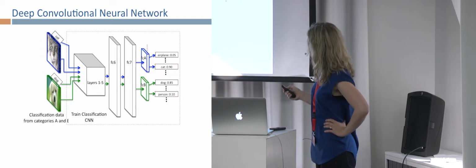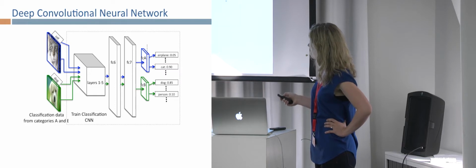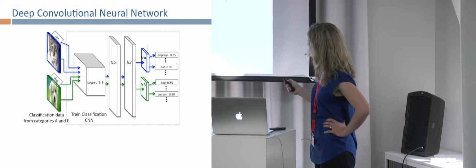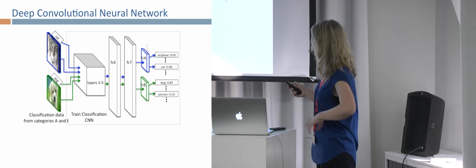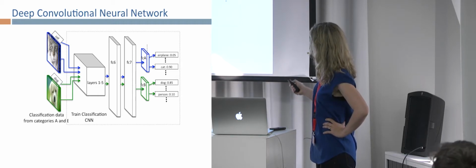So here what we're going to do is we have our classification data. For cat, we only have classification data, no detection data. And then we also have some classification data for dog. So we're just going to train a classification network. This is the output layer, and these two are layers that follow the convolutional layers that are just fully connected layers, so they're just learning some nonlinear function.